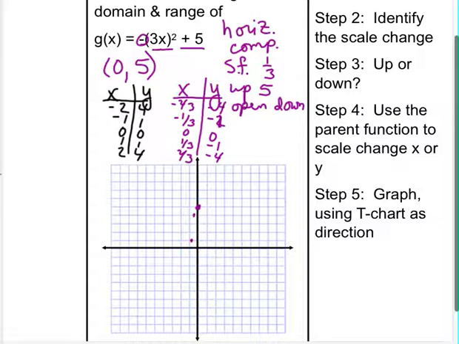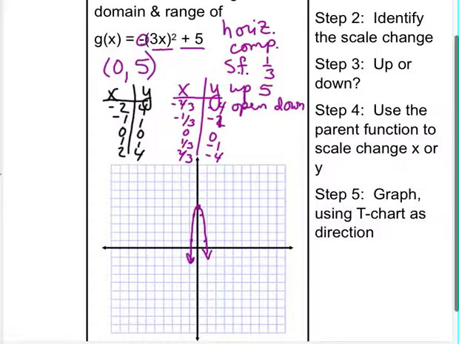Right 1/3, down 1. And left 2/3, down 4. Now this one, because it's so skinny, it's going to be hard to get it to be rounded at the vertex, but do your best to make sure that I see some sort of curve through that vertex and not a sharp point.